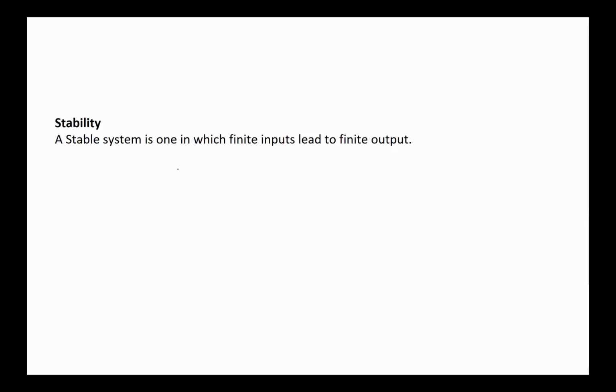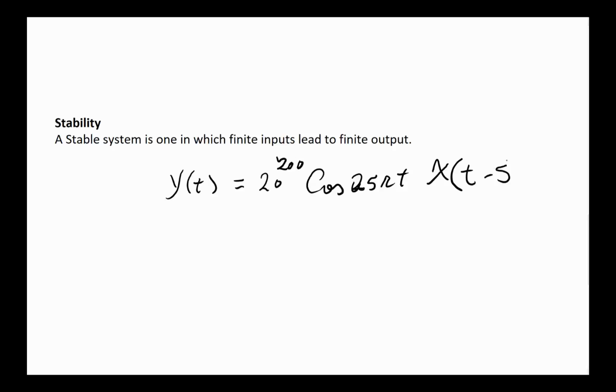So let's take a look at it. Let's say I have y of t equal to 2 to the power of 200 cosine of 225 pi t times x of t minus 5. Is there any way that I can put a finite input in here and get an infinite output?